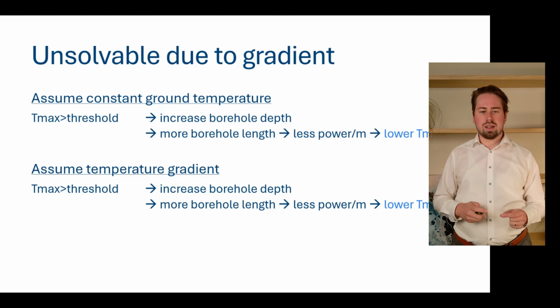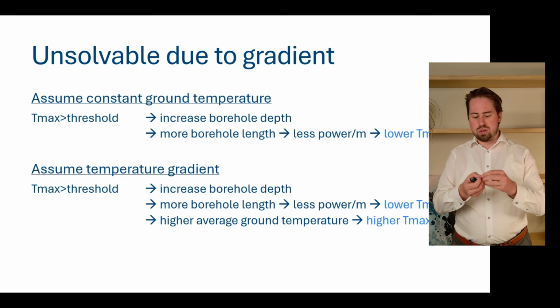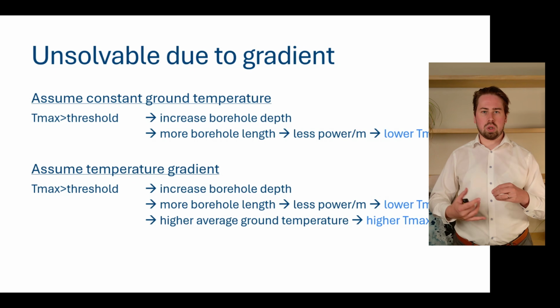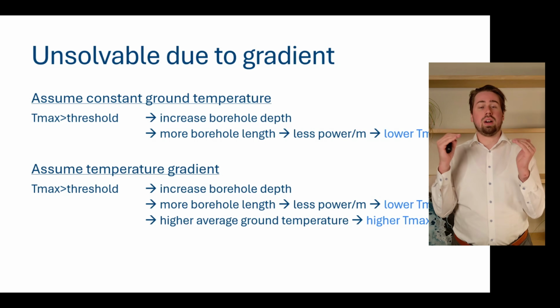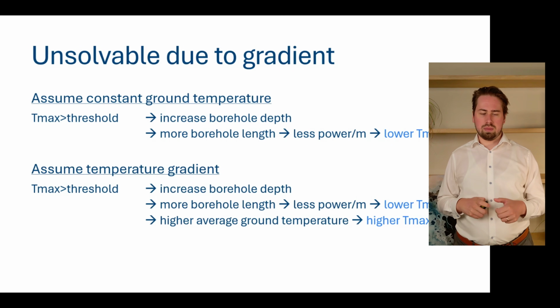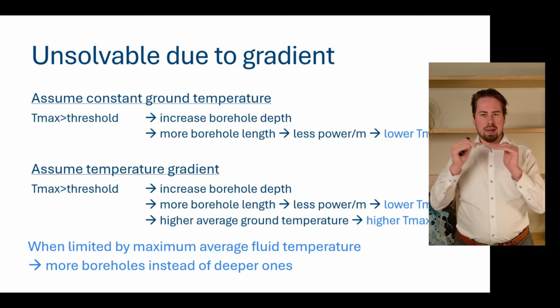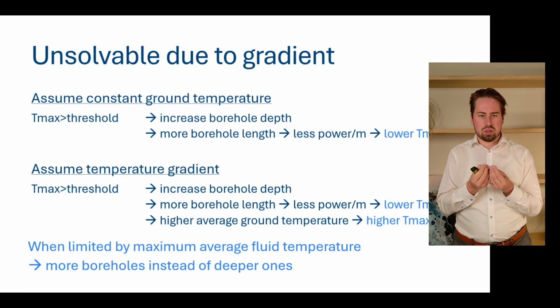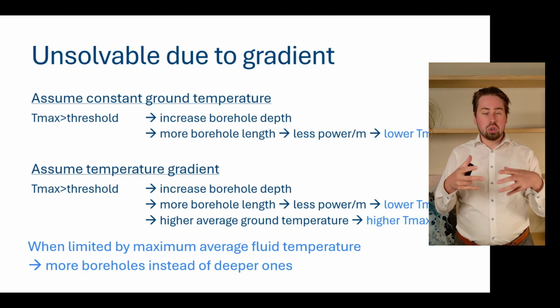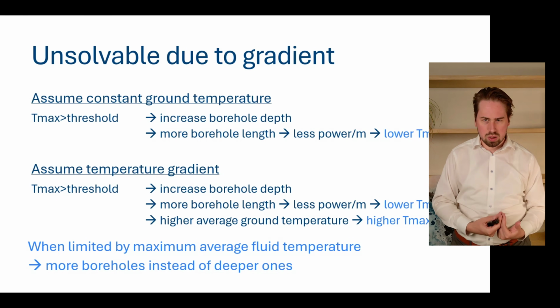But on the other hand, you now also have a higher average ground temperature. Because you drill deeper, the ground becomes warmer, and this shifts basically all your lines up, increasing your maximum average fluid temperature. So basically, when you're limited by your maximum fluid temperature, what the algorithm wants is having more boreholes instead of deeper ones.